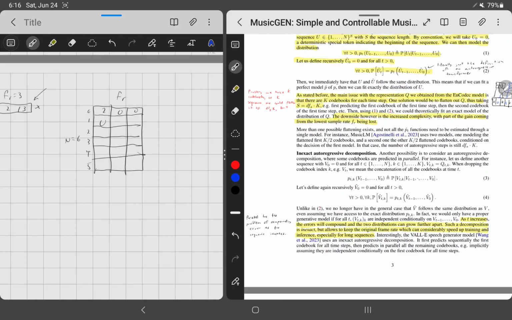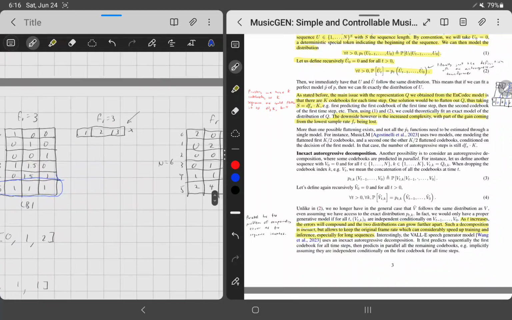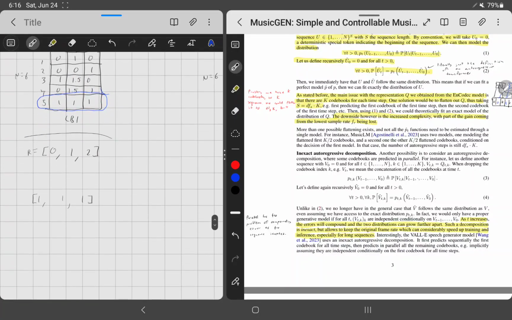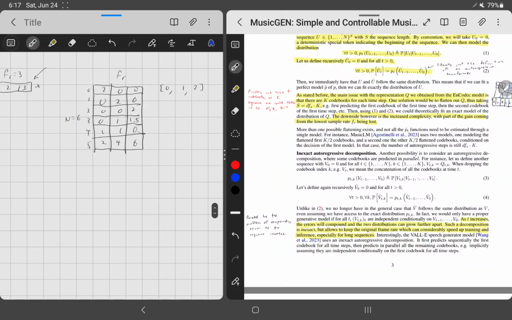All right, and then instead of taking our input vector, we look at our residual vector, which is 0, 1, 2. And then we look again to see which entry is closest to the residual. In this case, it would be 3.